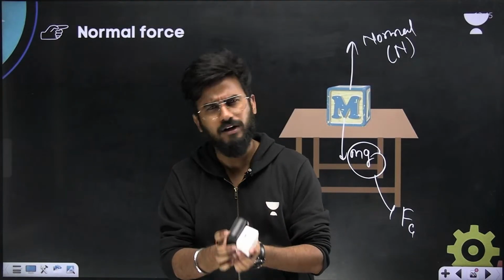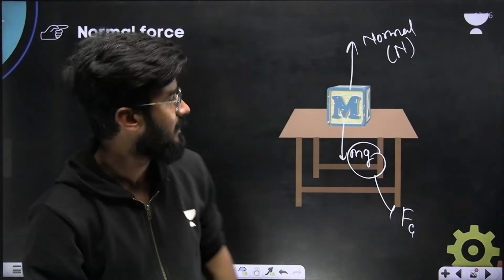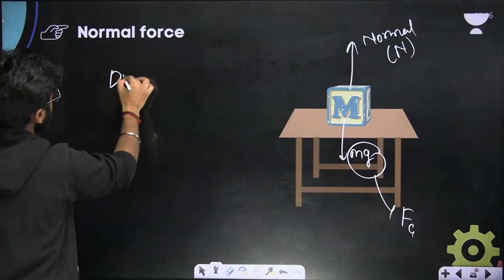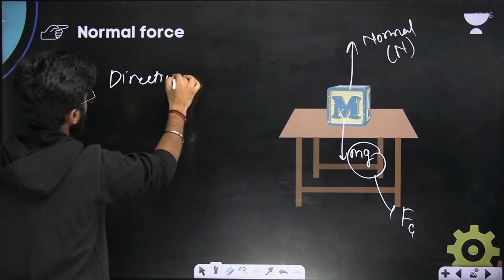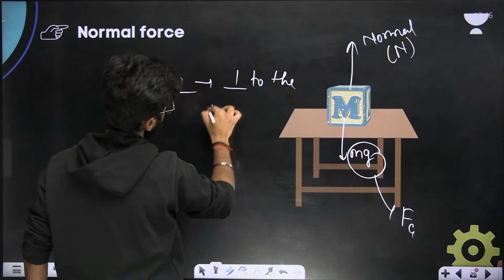If two bodies are in contact, they apply normal reaction on each other. What is the direction of the normal? The direction of the normal is perpendicular to the contact surface.